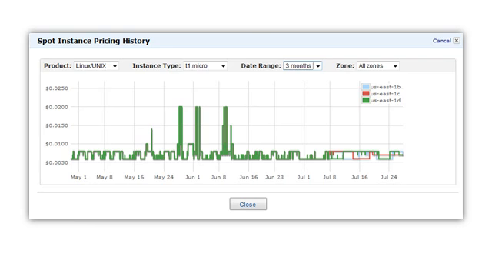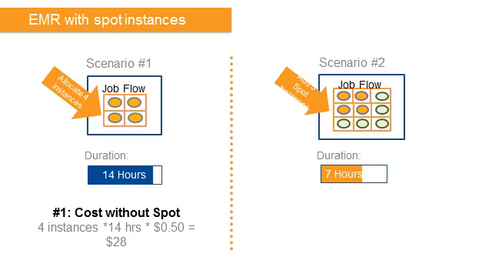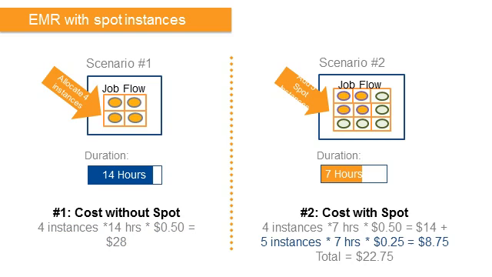So if you're able to incorporate spot resources into your EMR clusters, they can have two effects. The first is they can obviously add additional compute resources that can accelerate the delivery of your jobs and therefore reduce the number of compute hours that you need to pay for overall. But secondly, you can also add those resources at lower than normal cost.